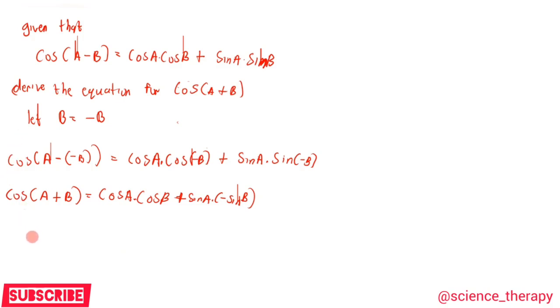Then what do we have for this one? Now we have cos(A plus B), and this is going to give us cos A cos B, but remember, this positive times negative now gives us a negative. So we have negative sine A sine B. Now you can see that we've derived the expression for cos(A plus B).